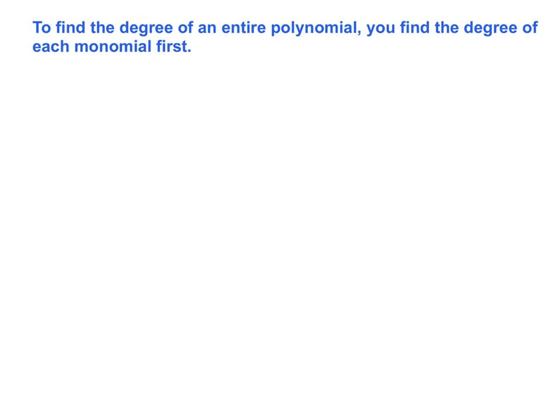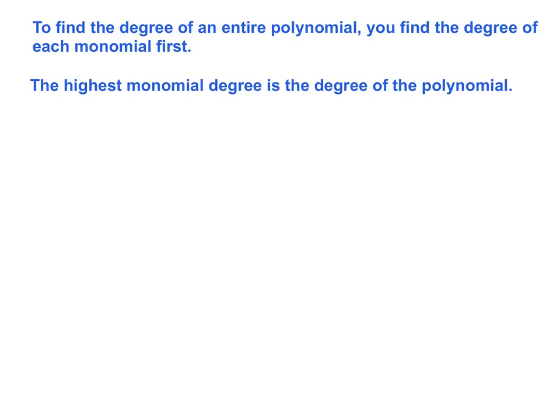Whatever the highest one is. And so that's what this says. The highest monomial degree is the degree of the whole thing. So when you find all the individual degrees, whichever one's the biggest is the one that's the degree of the whole thing.